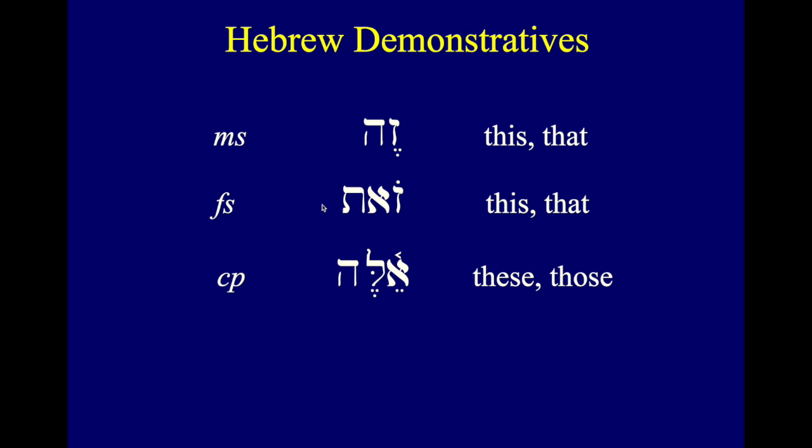So ze ish, this man, zot isha, that woman, and then ela is used for common plural. That means for both masculine and feminine forms. So ela anashim, these men, or ela nashim, these women.